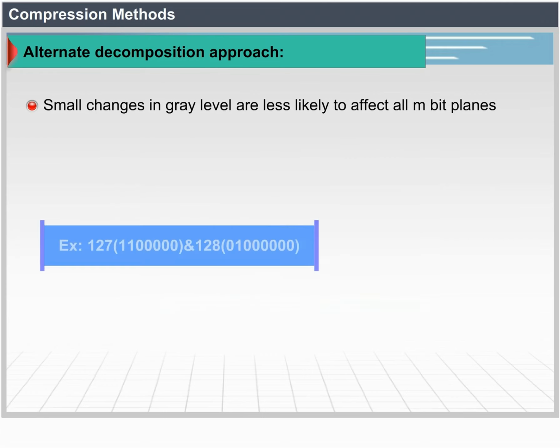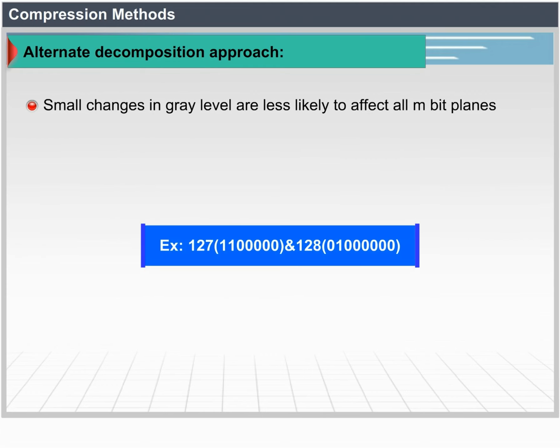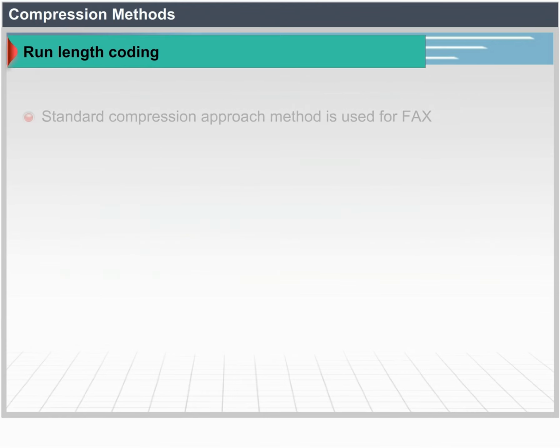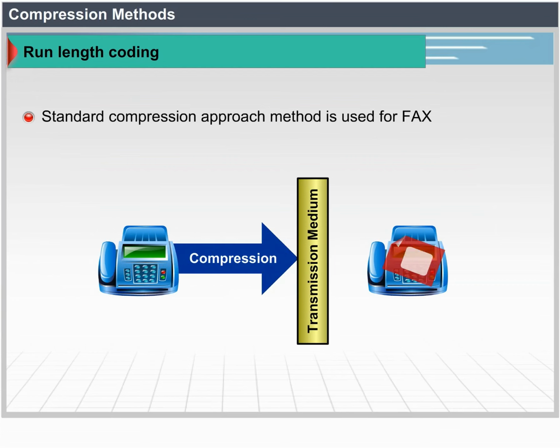Small changes in gray level are less likely to affect all m bit planes. Example: 127 is 11000000 and 128 is 01000000.